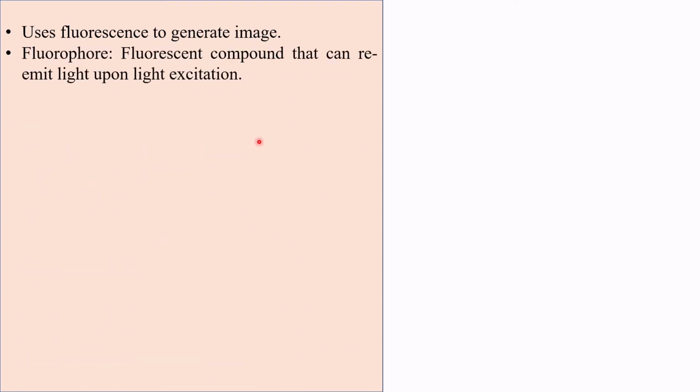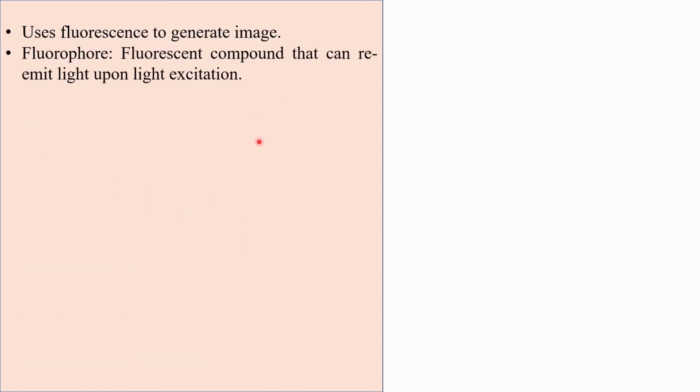So till now we found that light microscopes use absorption, reflection, refraction and scattering of light by samples to make the sample visible. But in fluorescence microscopy, we will see that it uses fluorescence instead of those properties to generate an image. So, before starting the principle of fluorescence microscopy, we must know about the fluorophore.